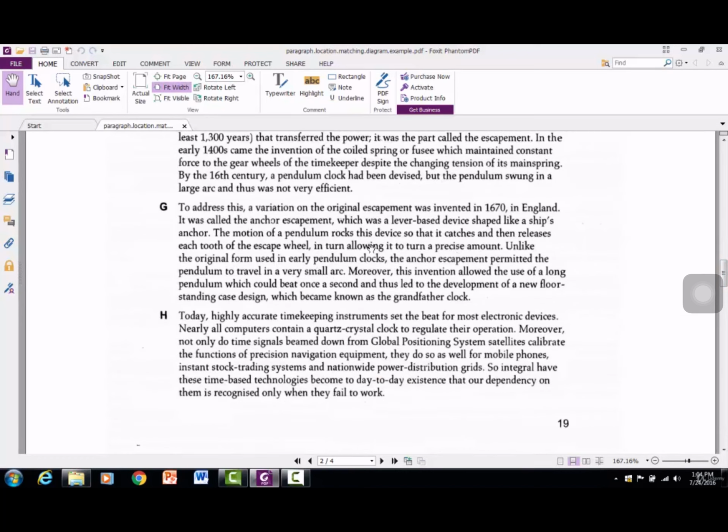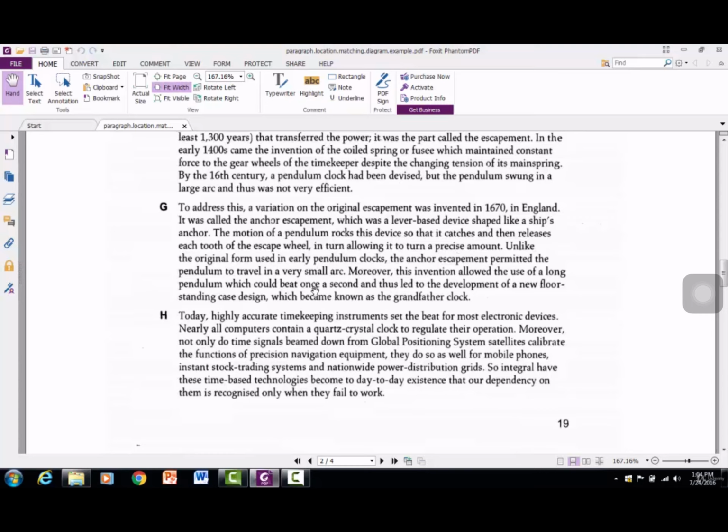They're going in order, in terms of their grouping. 10 and 11 were reversed, but... Well, here we go right here. It's in the last sentence. Which could beat. Moreover, this invention allowed for the use of a long pendulum, which could beat once a second.